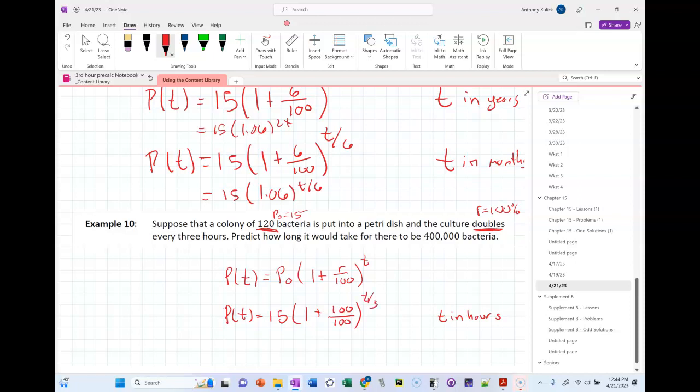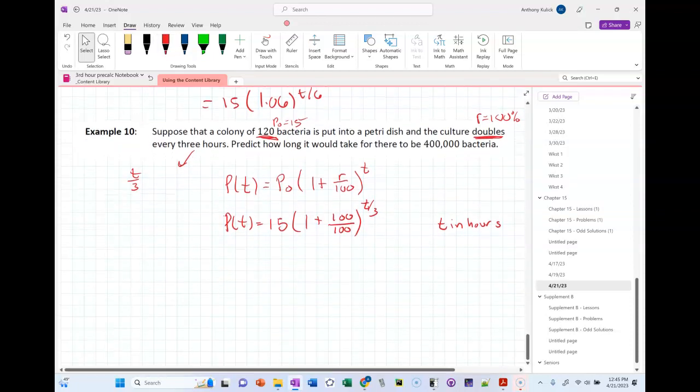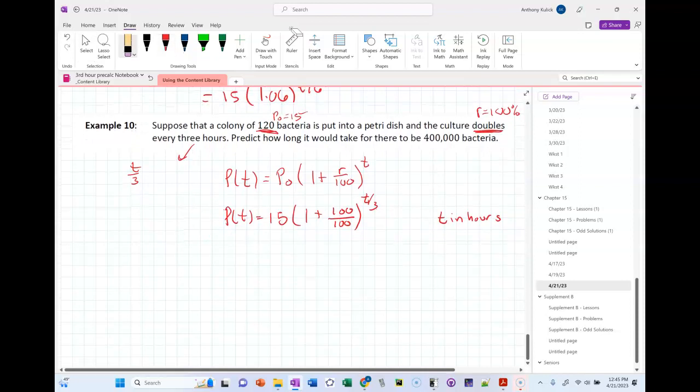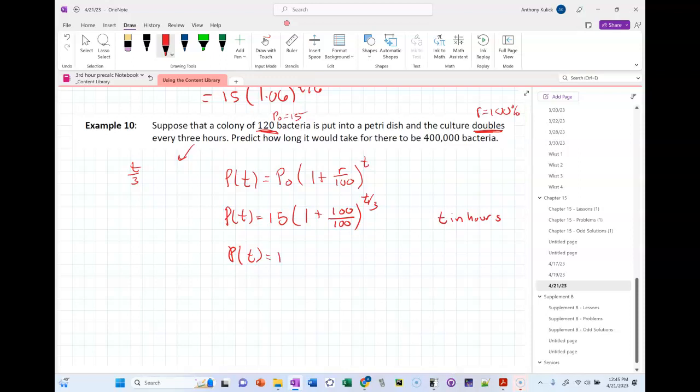Or I'll just write T over 3. Okay. So that's that. And again, we could simplify that down now. So 100 over 100 is 1, and 1 plus 1 is 2. There's your doubles, right? That's not bad.